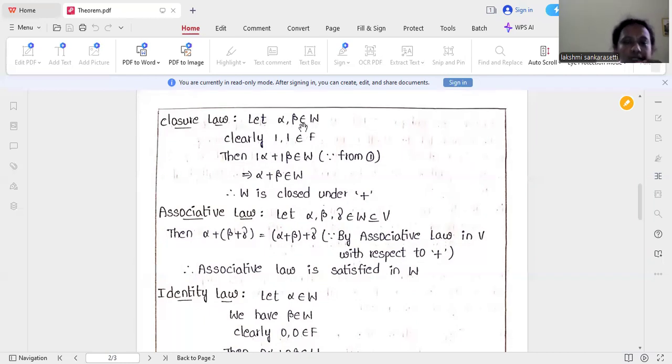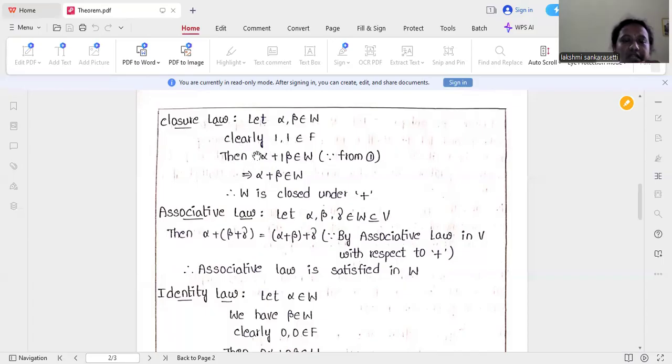Let alpha, beta be two vectors in W. To prove alpha plus beta also belongs to W, by using the converse assumption, here we are taking 1, 1 belongs to F as the scalars a, b.